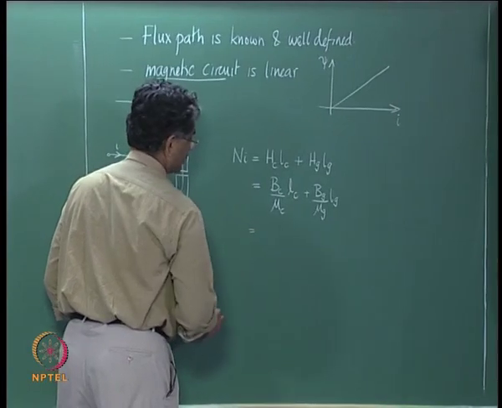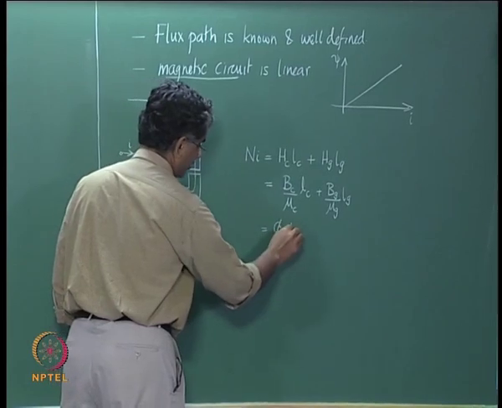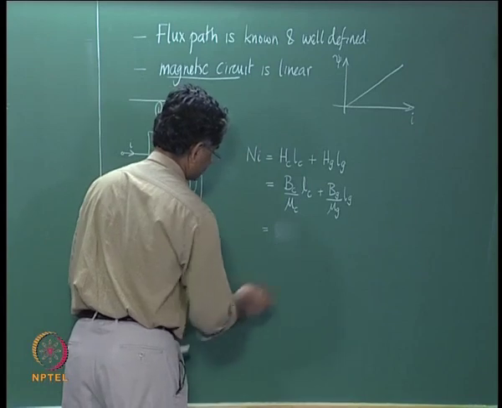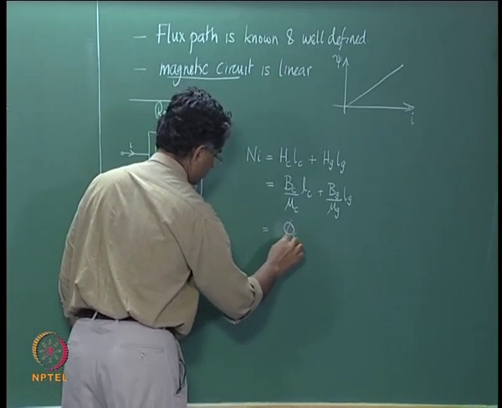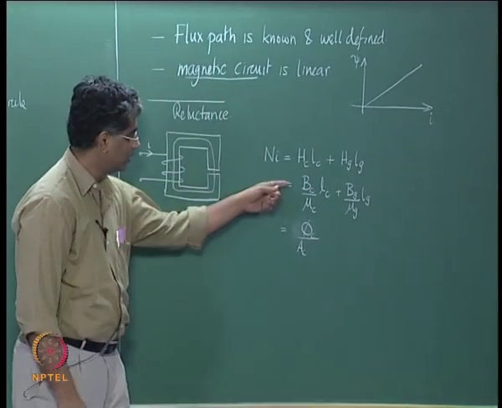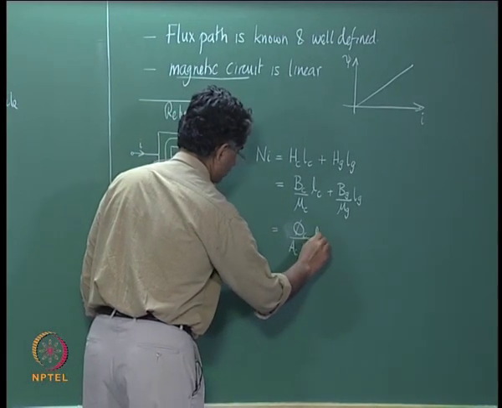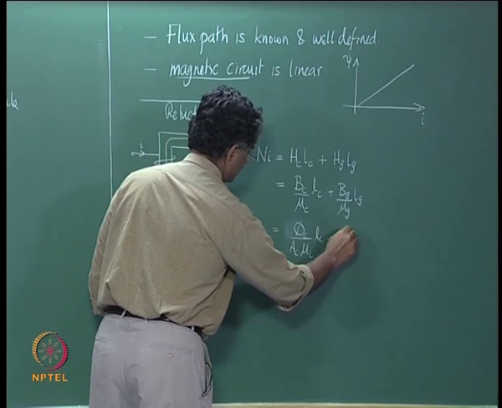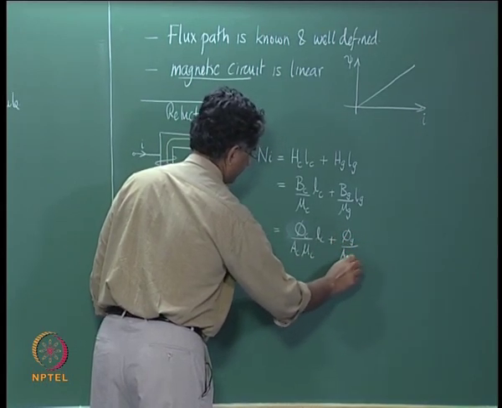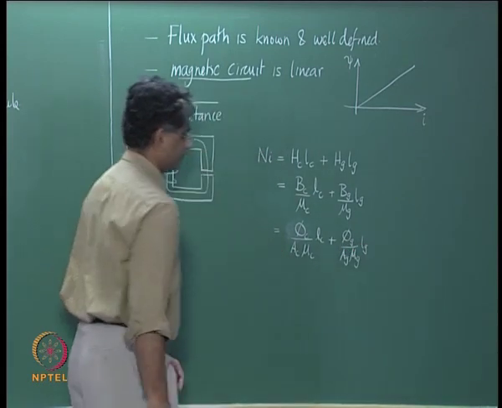This can in turn be written as flux in the core divided by area of the core, which is nothing but B, B is flux per unit area, multiplied by Lc divided by mu c, plus phi g divided by area of the air gap, mu of the air gap multiplied by Lg.